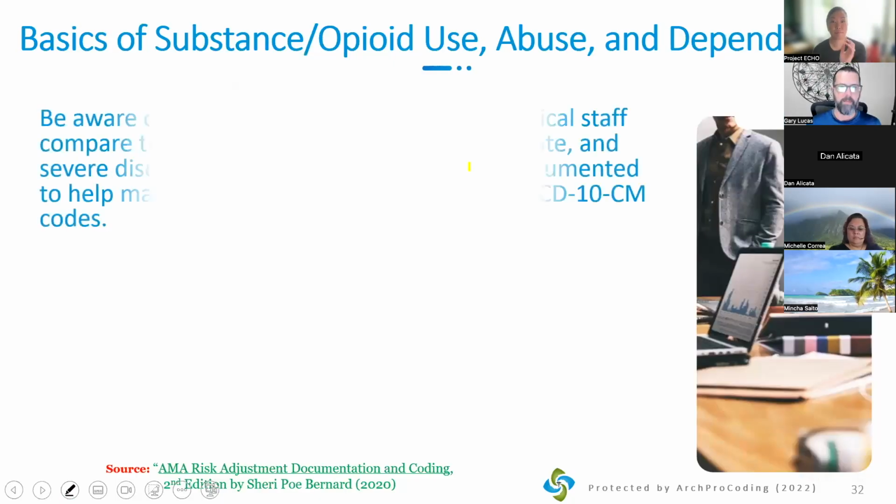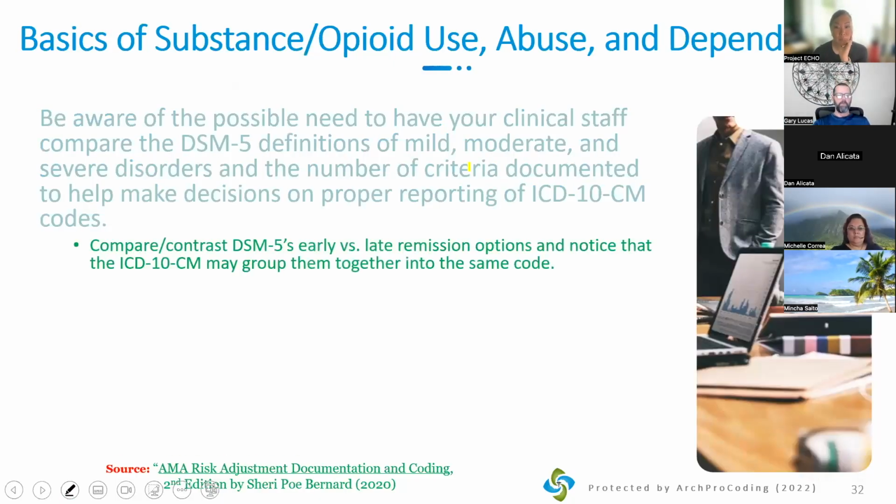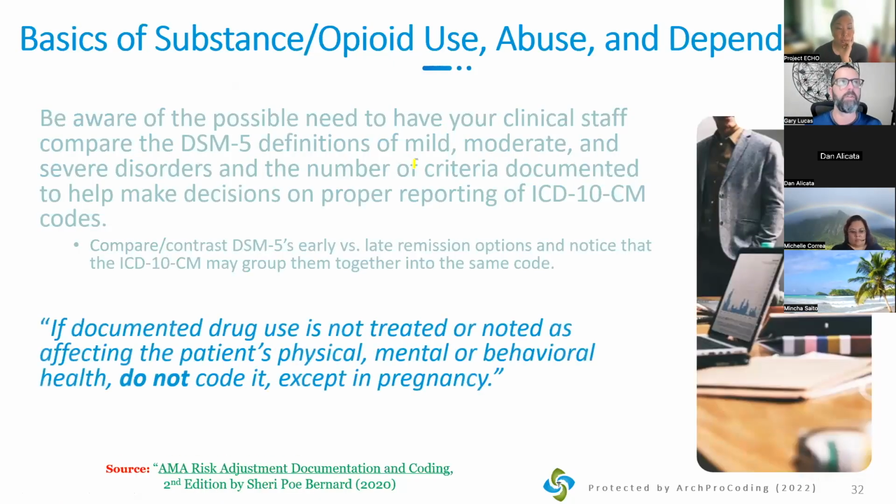So knowing that time is getting tight here, folks, what I did want to do is encourage awareness that at the bottom here, if documented drug use is not treated, and if it's not noted as affecting the patient's physical, mental, or behavioral health, do not code it, except in pregnancies.